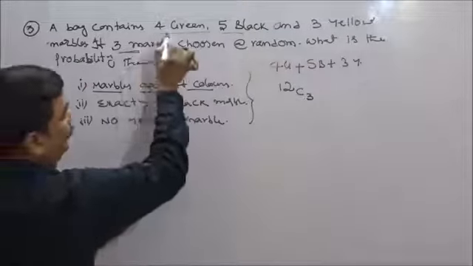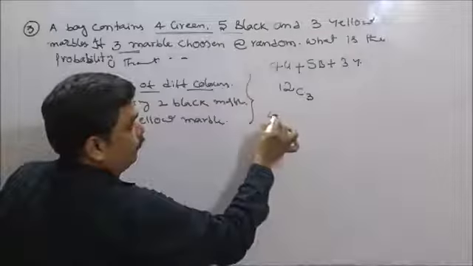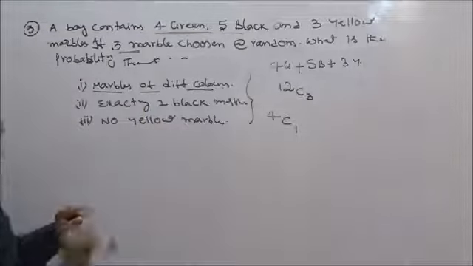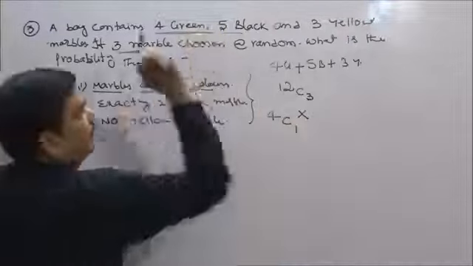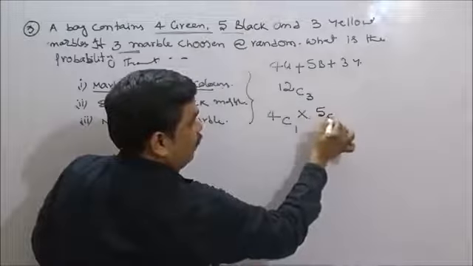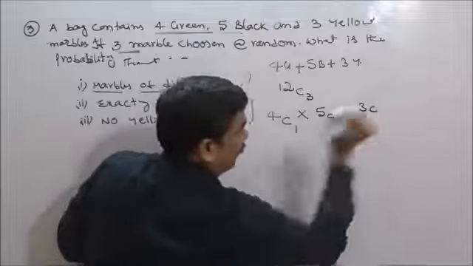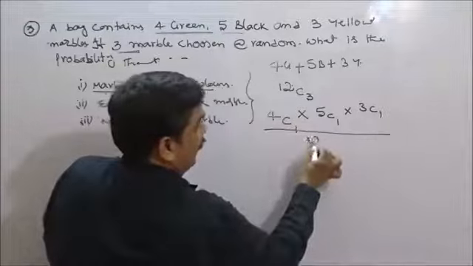Now I have to take one green marble. The favorable events 4 combination 1 are 4. Right? And into. The next black is 5 combination 1 and yellow, that should be 3 combination 1 divided by 12C3.